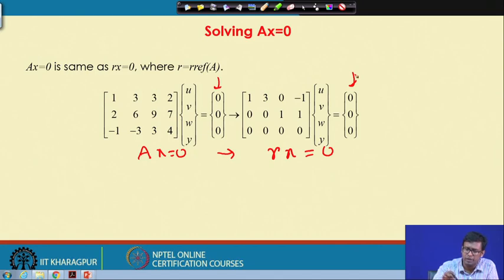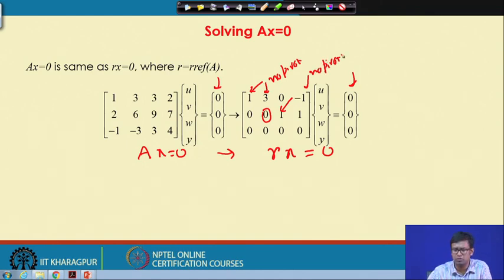Now, if we look into the Rx is equal to 0 form, what can we observe? There are pivots which are 1, and we will call them pivots. Before the pivots there are rows where there should be a pivot, but the entry is 0. So, this row has no pivot. Similarly, this row has no pivot.